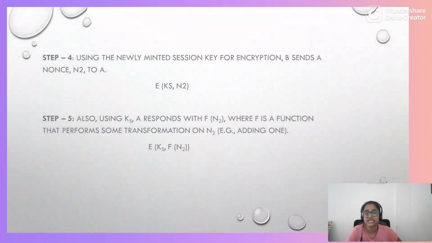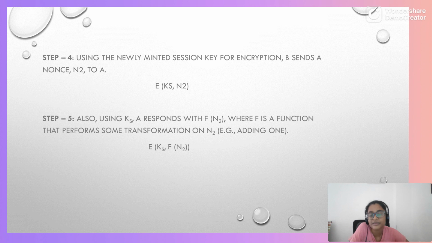So next, step four: using the newly minted session key for encryption, B sends a nonce, N2, to A. So B will send back N2 to A using the session key that it newly received for encryption.